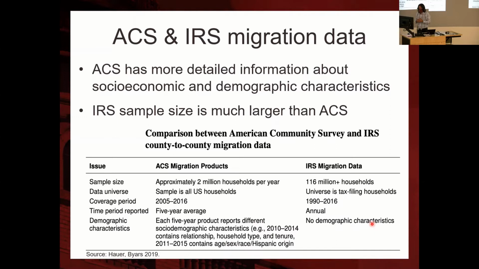So there are pros and cons. IRS has a bigger sample size and actually covers a longer period than ACS, since 1990 compared to 2005. ACS has a smaller sample size, but it allows you to break the population by all these different characteristics. But if you break them down by several different characteristics, you cannot use data for every year separately. You usually use 5-year averages, okay?